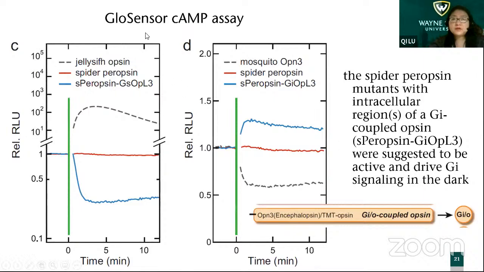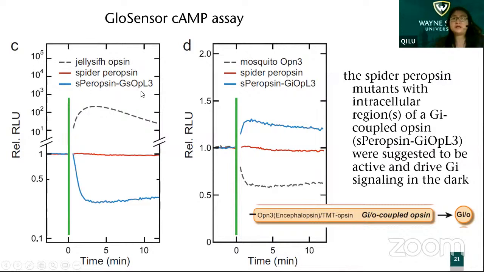In this GloSensor cAMP assay, it shows the cAMP concentration after shedding the light, compared with different opsins.